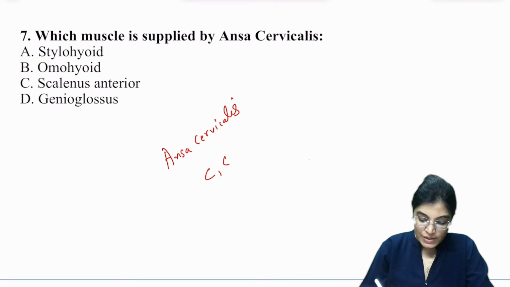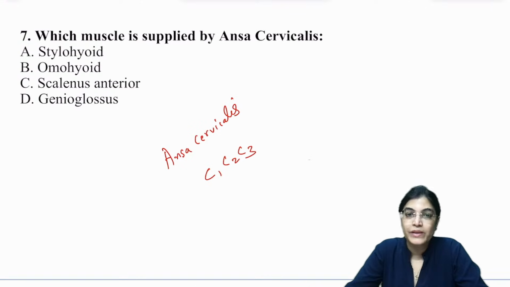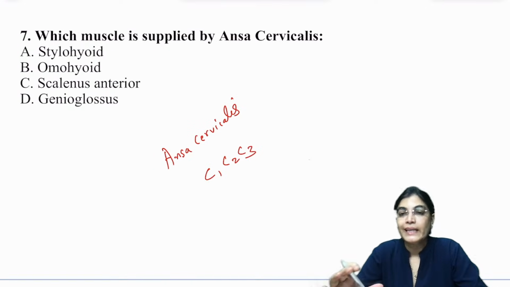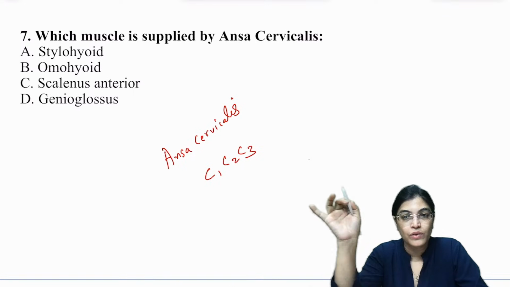So it is formed by C1, C2 and C3. C1 forms the superior root of Ansa cervicalis, and C2 and C3 form the inferior root of Ansa cervicalis, and this nerve loop is embedded in the anterior wall of carotid sheath.